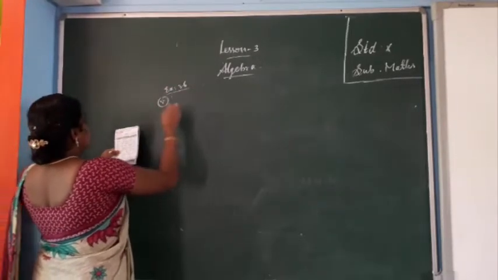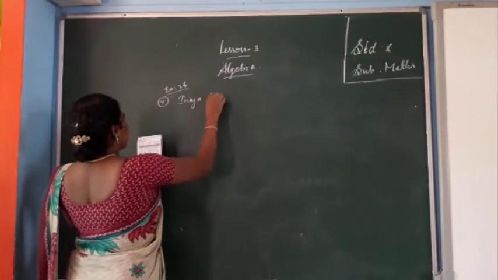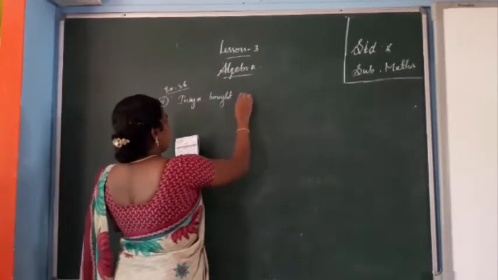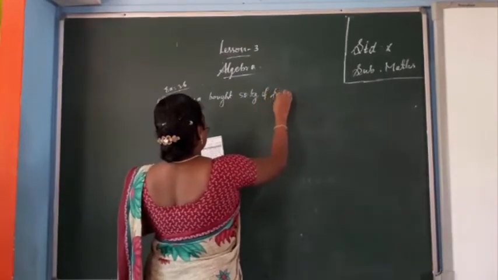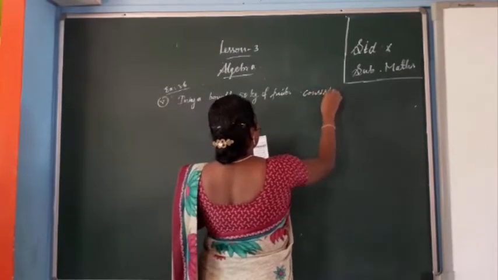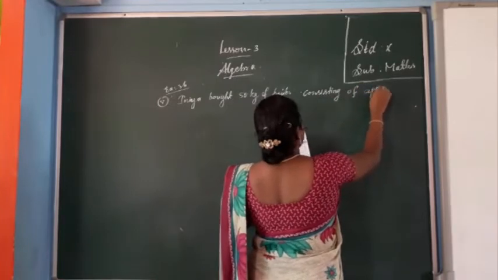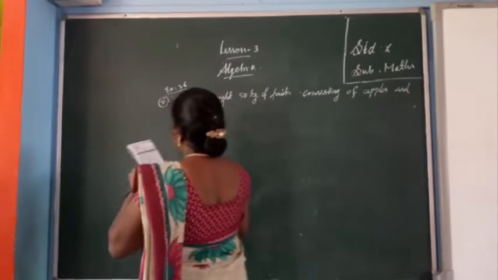Inia bought 50 kg of fruits consisting of apples and bananas.